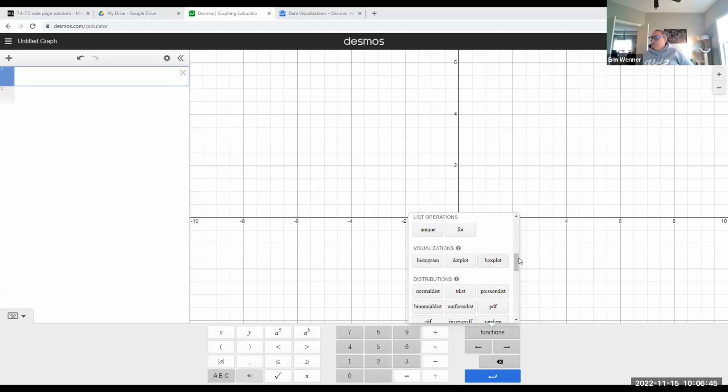Okay. So if we do a histogram in Desmos, which I'm actually going to use Desmos today, so it's interesting that you brought that up. So we're going to first say that we're going to let L be a set of data.